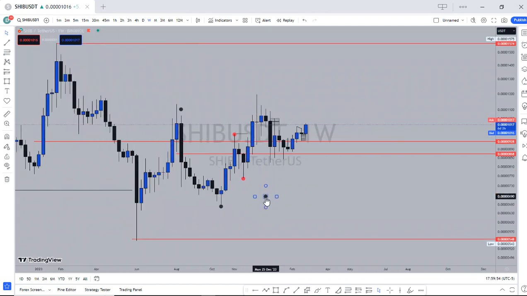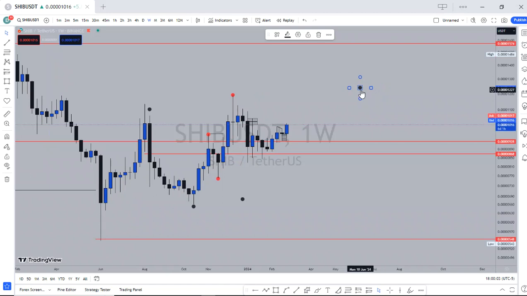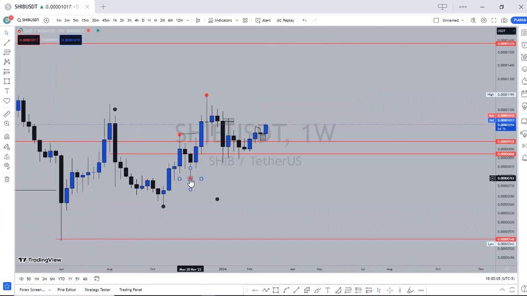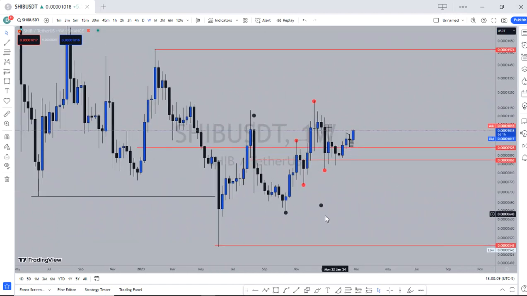So with time, I hope your eyes could possibly see the things that we see. So what I'm actually showing you guys here is a structure, and when it shifted.